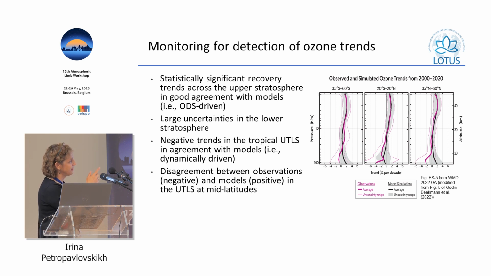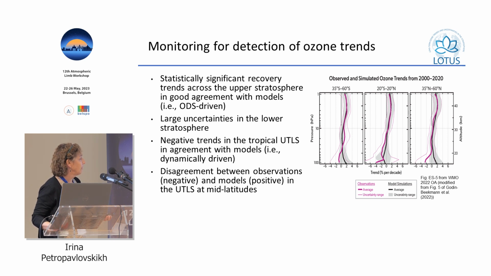So you see the pinkish line in these plots that tells you that the ozone is recovering in the upper stratosphere, which is great. And we have an agreement with models in the upper and middle stratosphere.